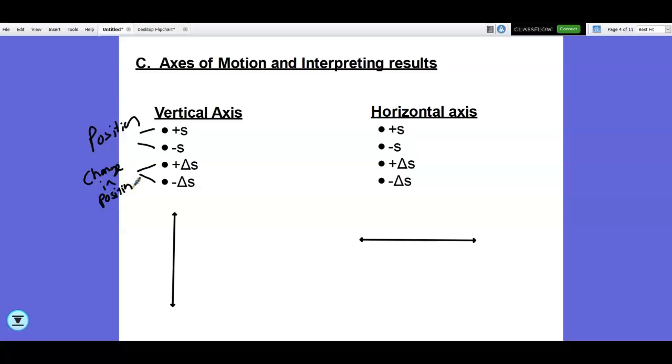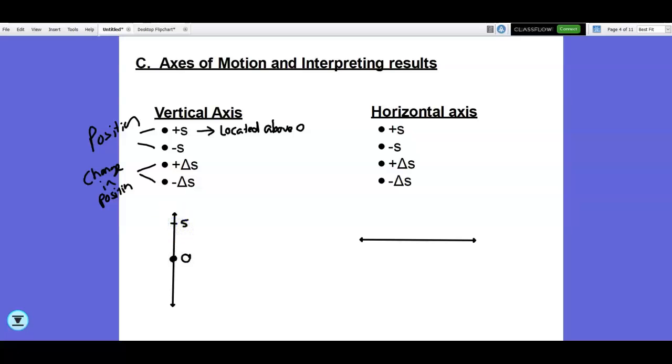Now, if you're traveling on a vertical axis, then what a positive S value means is that your object is located above 0. So for instance, if I told you that my S value was 5, let's say 0 is right here, well, that means that I would be up here somewhere.